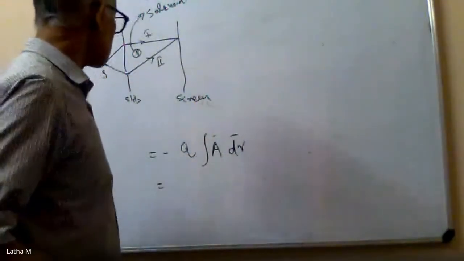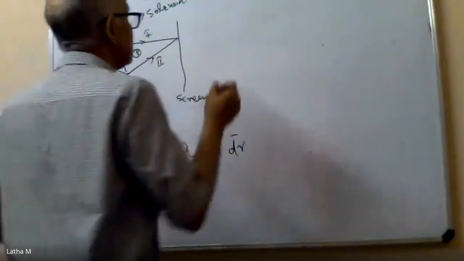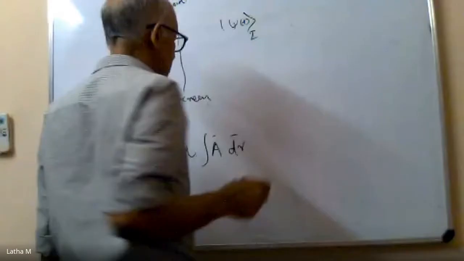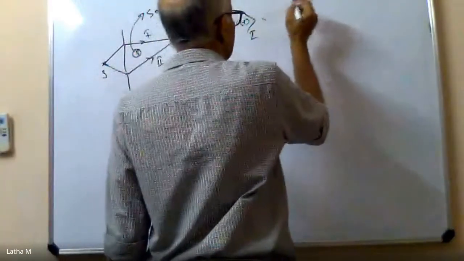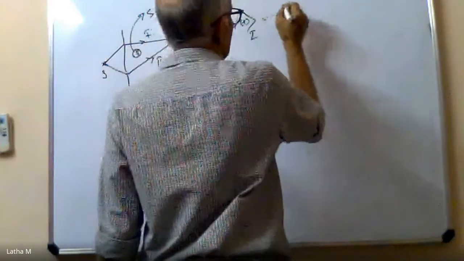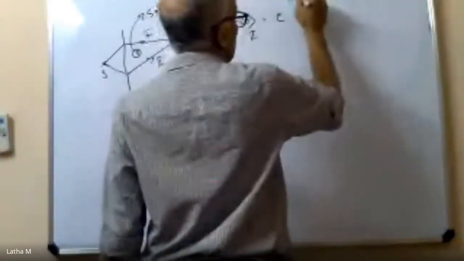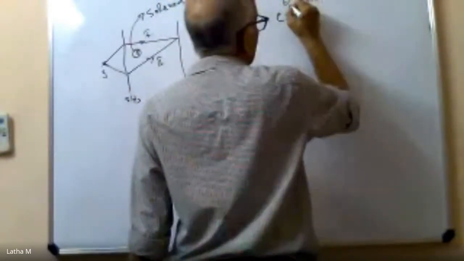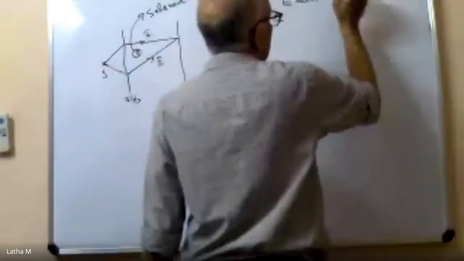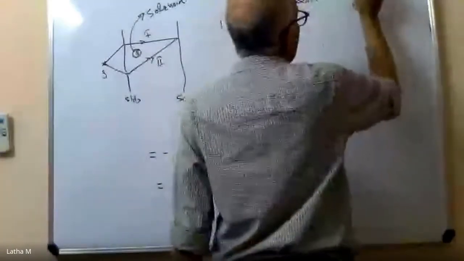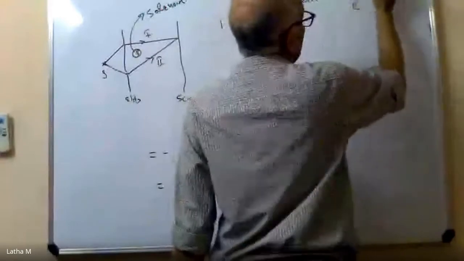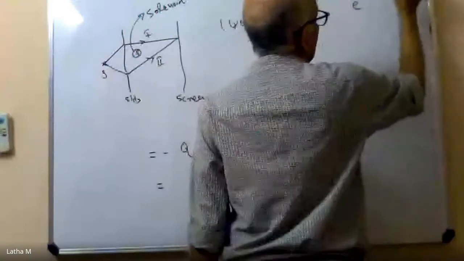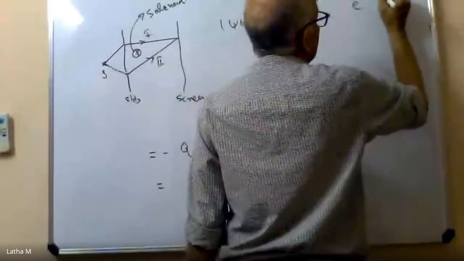Now, consider this case. In this case, there is a IT along the path 1 that is equal to exponential minus p square by 2m dt prime from t0 to t, into exponential minus q A dot dr from t0 to t.